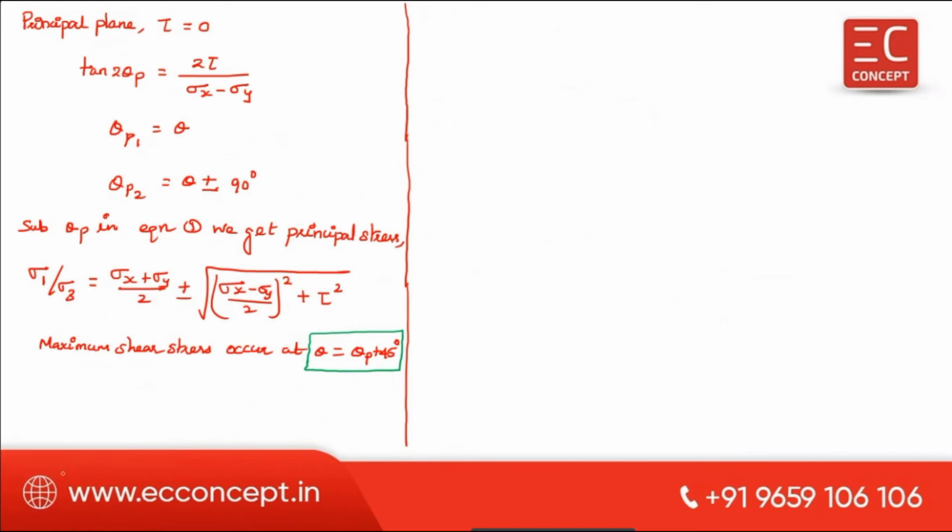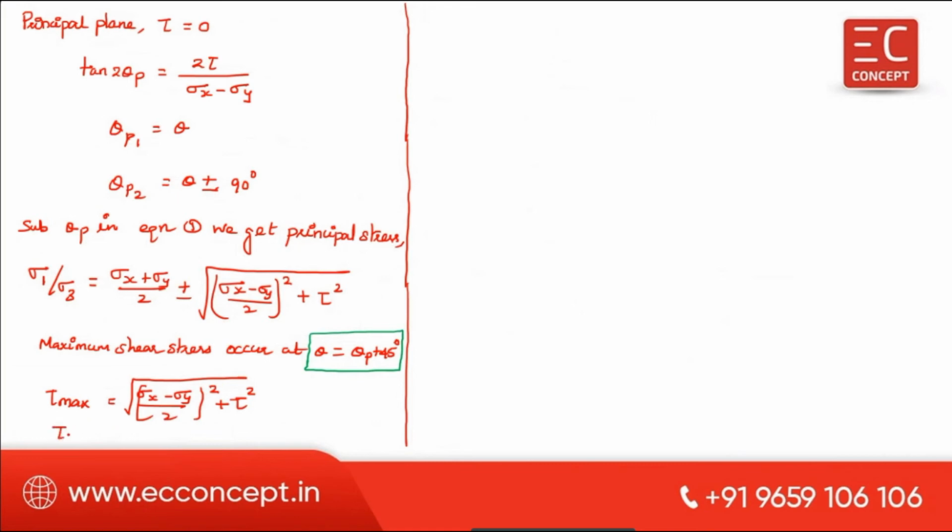Now we can write tau max is equal to square root of sigma x minus sigma y divided by 2 the whole square plus tau square. This is in terms of given stress.